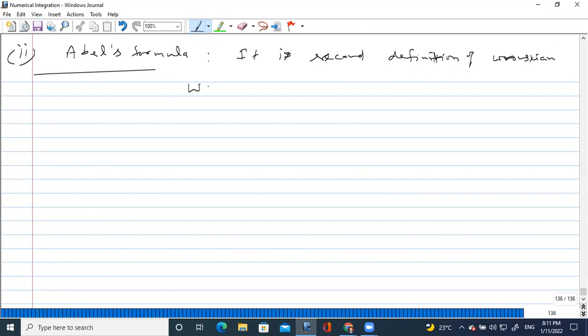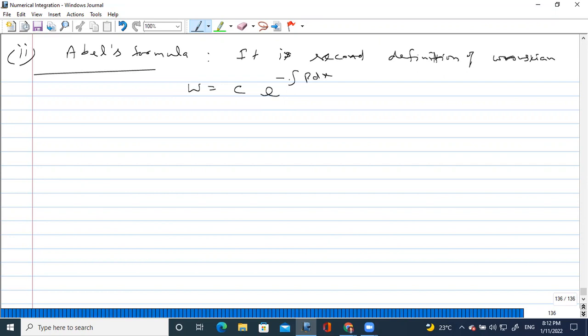According to Abel's formula, the Wronskian can be found. One way is to find it from the determinant of y1, y2, y1 dash, y2 dash, or directly you can find W equal to some constant times e to the power minus integral p dx. In the integrating factor, it was e to the power integral p dx, but here it is a minus sign with that. So you have to remember that.